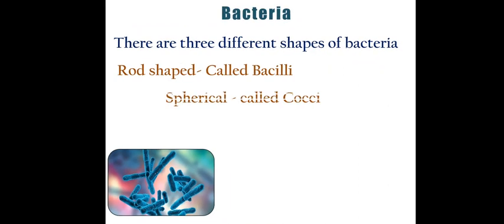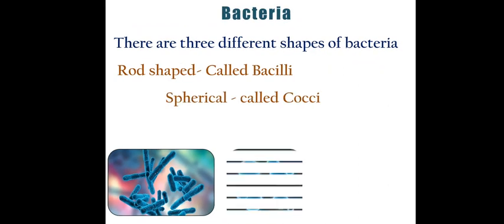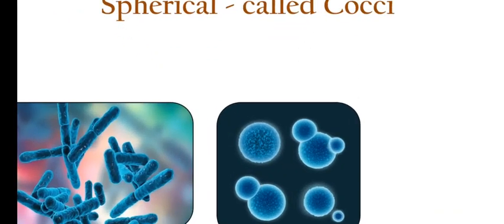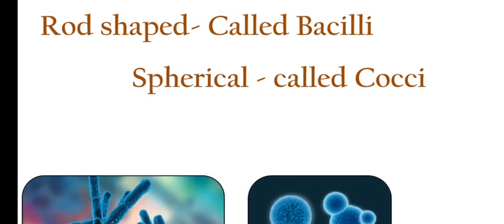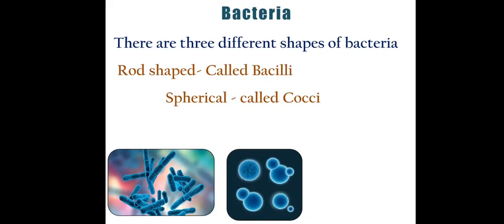Similarly, the other shape is spherical. Spherical-shaped bacteria are like this, and these bacteria are categorized as cocci. These are cocci. I will tell you the names of these bacteria also in the next segment of the video. When we name these bacteria, we are going to use the word bacilli or cocci.